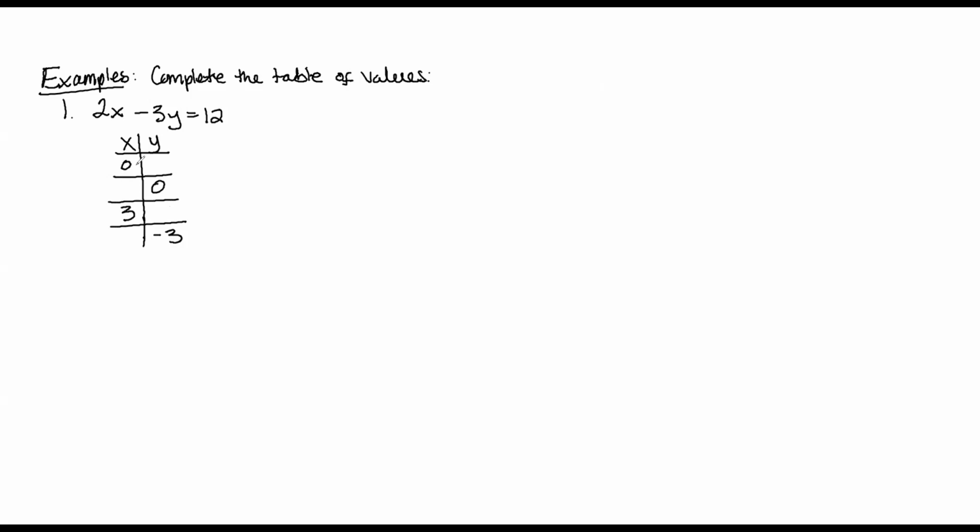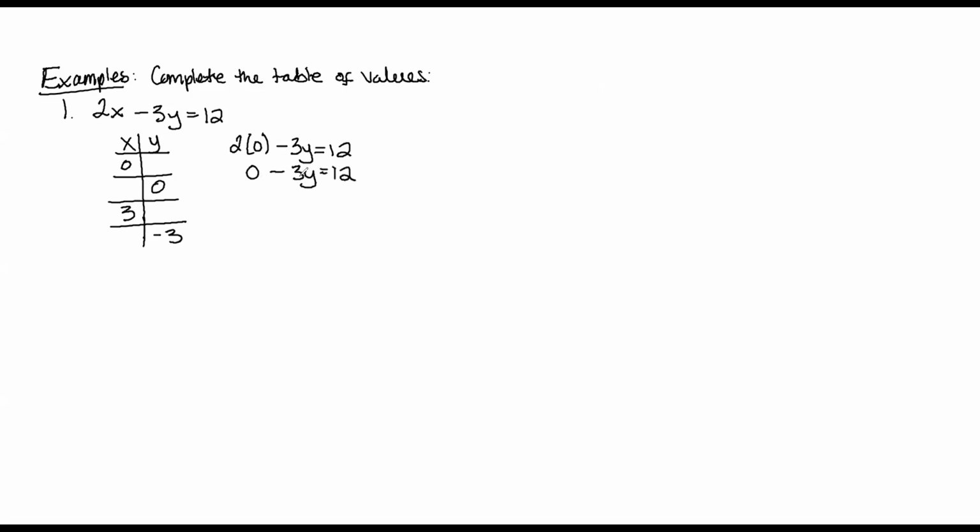So let's go ahead and start off with x equals 0. So we have 2 times 0 minus 3y, we don't know, equals 12. Plugging in zeros is super nice because 2 times 0 is 0. And 0 doesn't change anything.